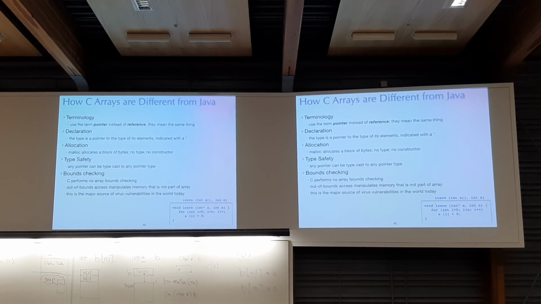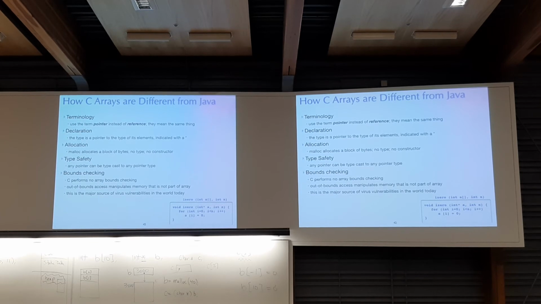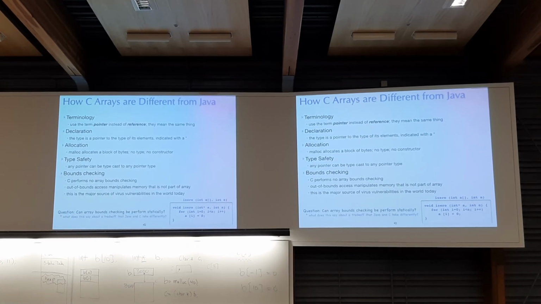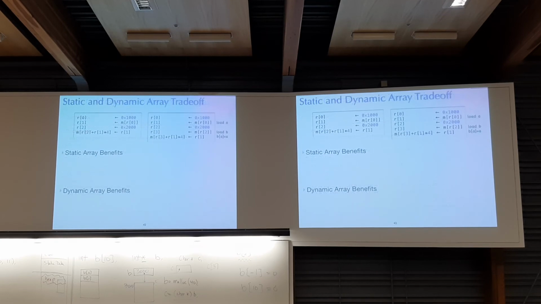Every interesting program has an array overflow bug somewhere in it. And if that exists in a program, a clever virus writer can attack and take over the program. And we're actually going to do that before the break. So you can decide whether you think that's a benefit or not a benefit.